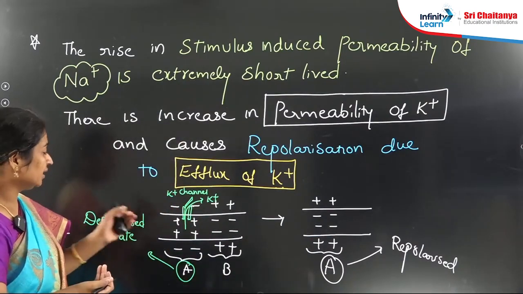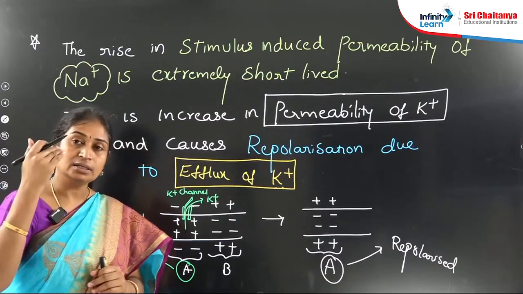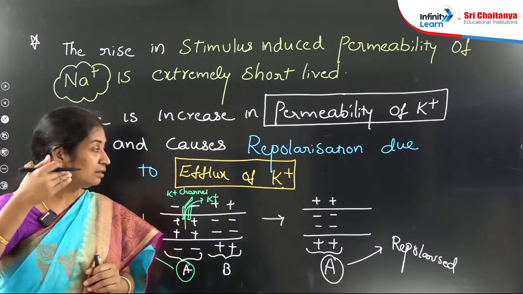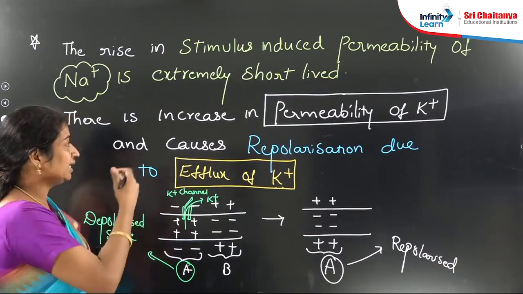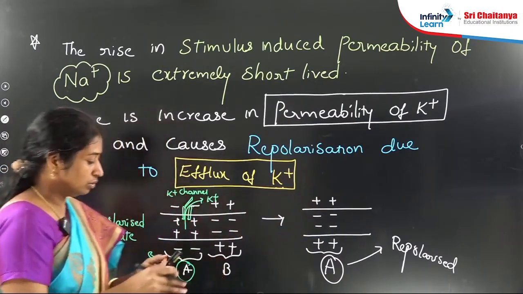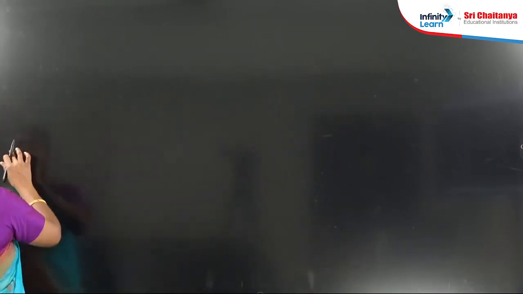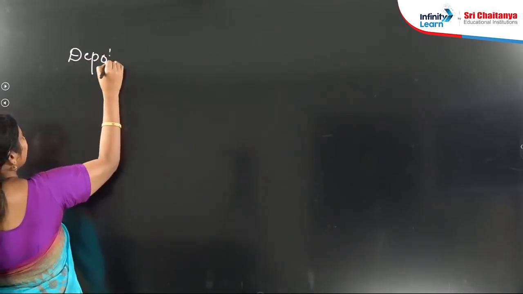So this is the cycle. How has the cycle started? First polarization, next depolarization, and then repolarization. This same cycle continues along the length of the neuron. So once again, important points. Why does depolarization occur?